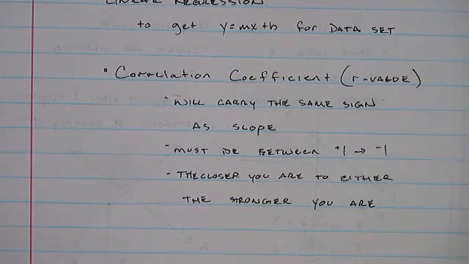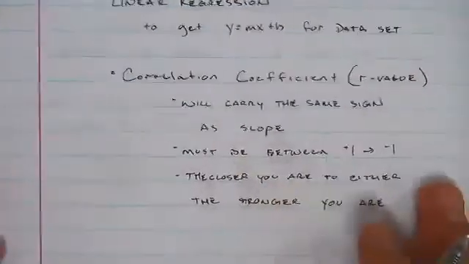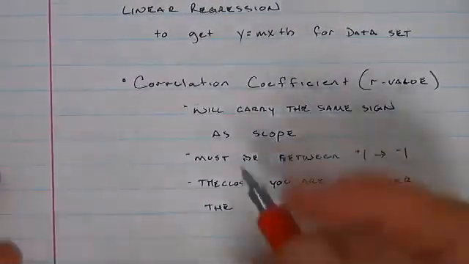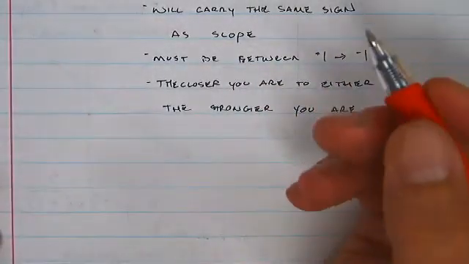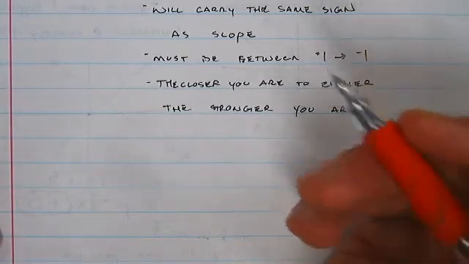Anything lower than 0.7, your correlation is weakening, and that means your relationship is not quite there. You can still make a prediction, but it's not as strong. You're not going to have as much faith in your prediction.